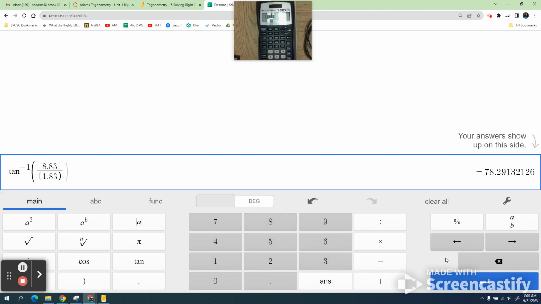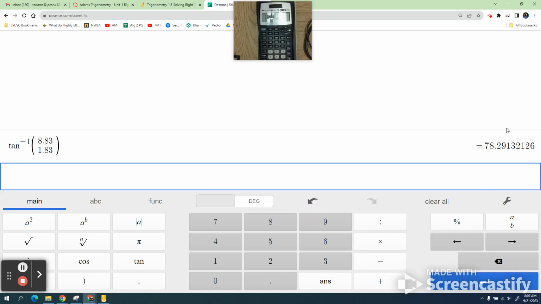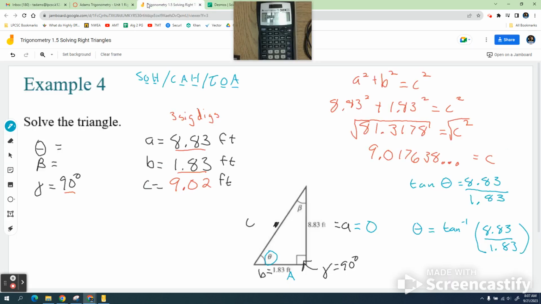Close the parentheses. There you go. So I've got 78.29. What are the significant digits we're using on this? 3. So what do I round this to? 78.3. So I'm going to say theta is 78.3.